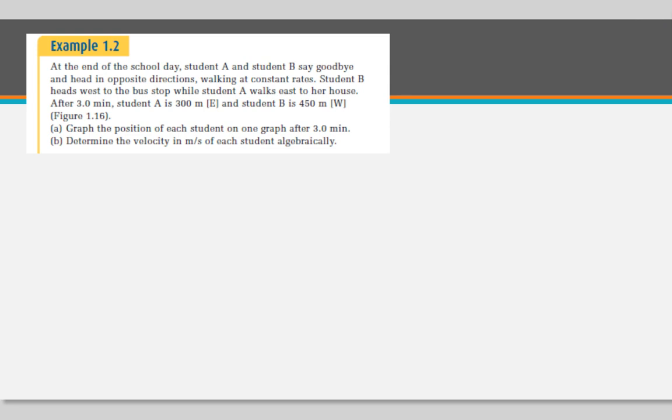Okay, so at the end of a school day here, we got student A and student B saying goodbye and heading in opposite directions. And they walk at constant rates. So at the first day of class, I talked about understanding physics principles.